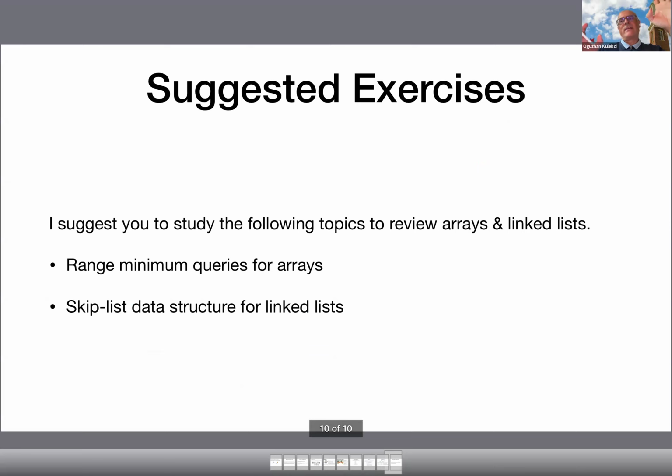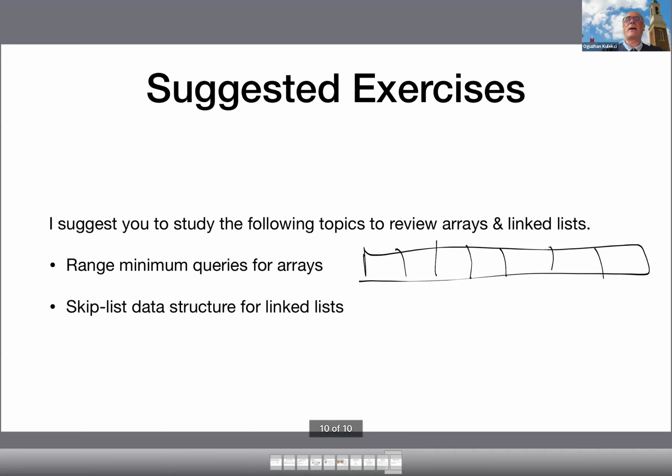To understand the array and linked list data structures and to compare them, I highly suggest you study two different problems. The first one is the range minimum queries, which you can study on arrays. You are given an array of integers, and there is a dynamic range.